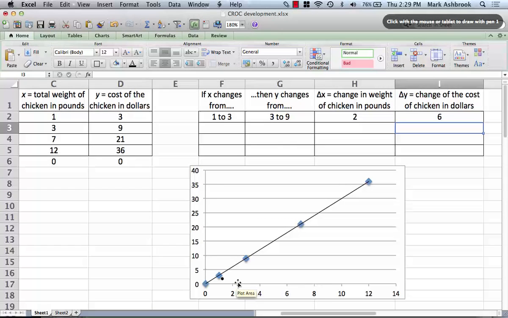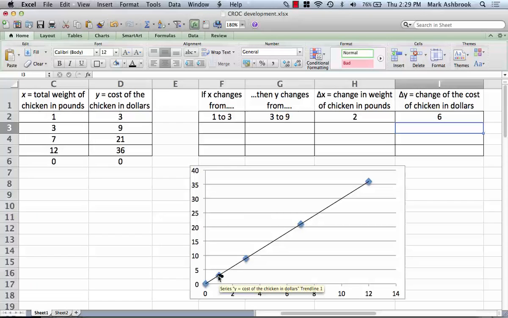I could also put that starting at our point, right? So that's what I'm going to do. I'm going to start here at the point and go from 1 to 3. And right there, that will be delta x equal to what? 2. Is that representing an increase in pounds or cost? Putting 2 more pounds of chicken on the scale.